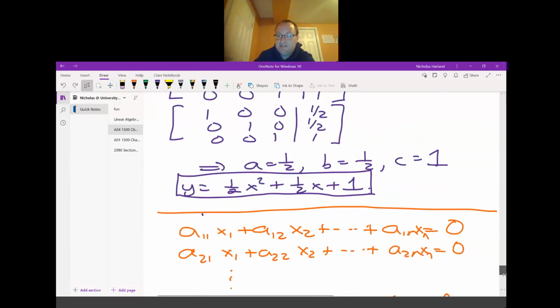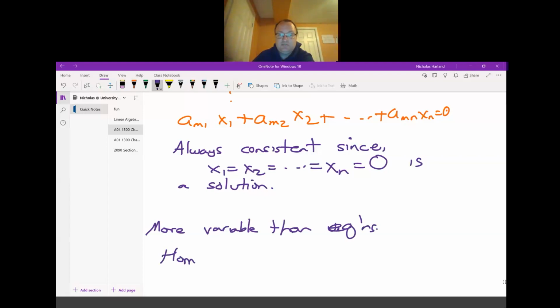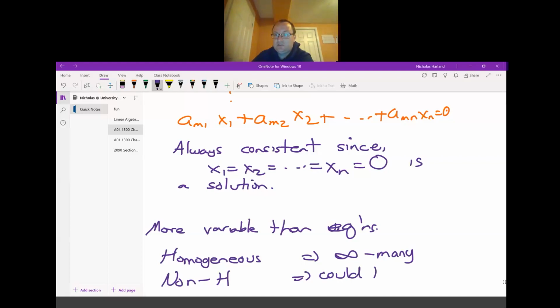It might not be consistent. So more variables than equations: if it's homogeneous, infinitely many. If it's non-homogeneous, then we could have no solutions.